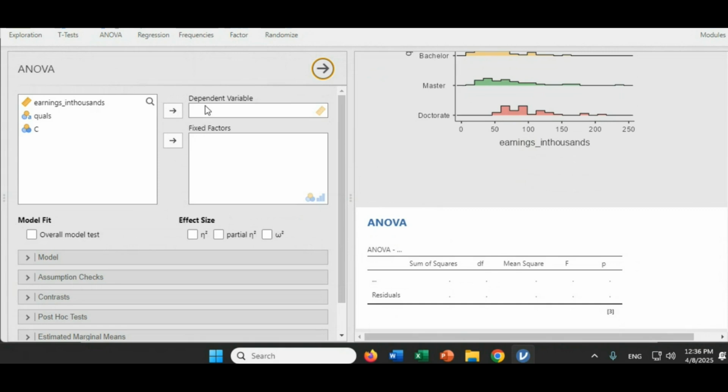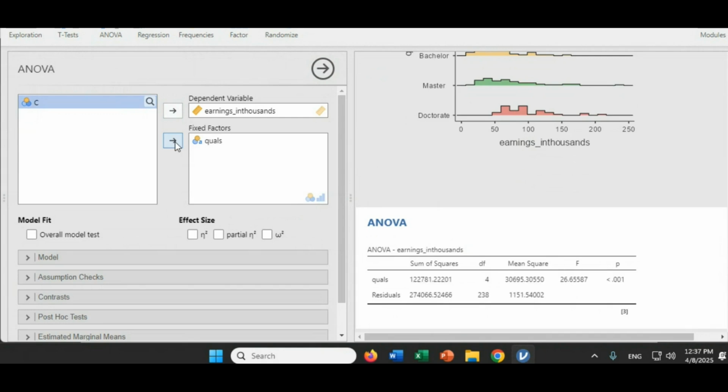You have to tell the computer which ANOVA you want to do. Do you see dependent variable? You click on earnings in thousands. Make sure that you make this the dependent variable. Then you need to tell it what the fixed factors are. That's where quals goes. That's it.